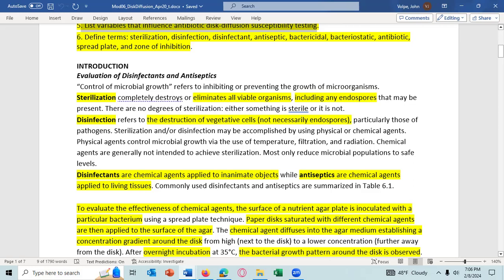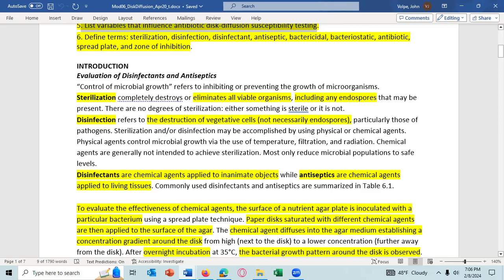Antiseptics are chemical agents applied to living tissues. Antiseptics are usually less harsh and less irritating to the skin compared to disinfectants, but that is not always the case. For example, if someone were to use bleach to disinfect a wound on their cat, that bleach would be called an antiseptic.